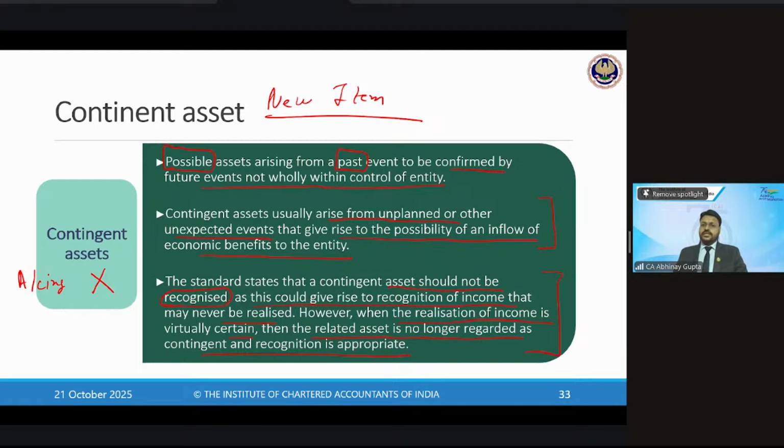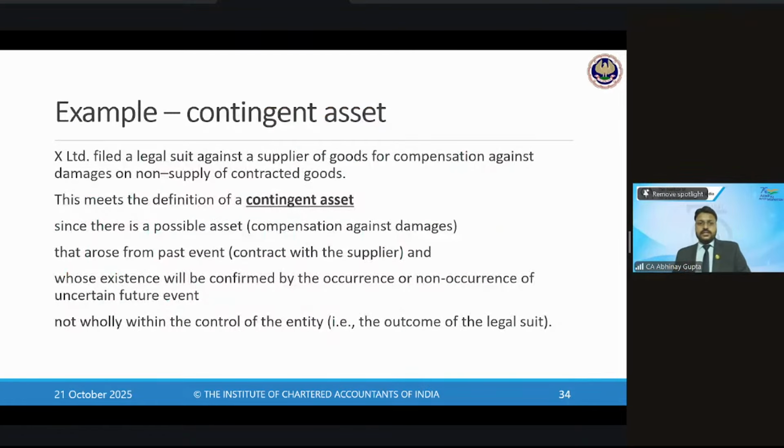The court has passed the decision in favor of the company that A Limited is supposed to pay rupees 1 crore. So B Limited will now have the legal right to receive 1 crore from A Limited, yes or no? So now they should record A Limited as debtor for 1 crore, yes. Is that correct? Yes, correct.